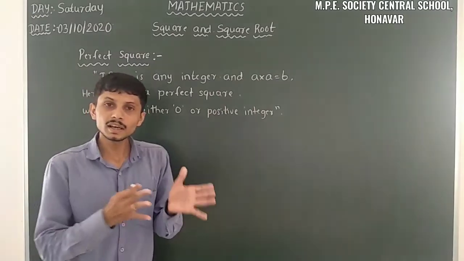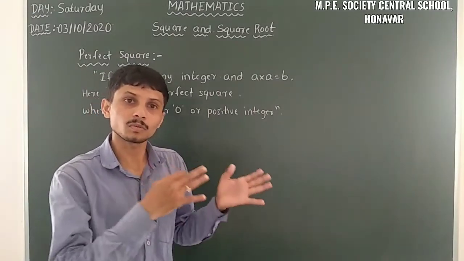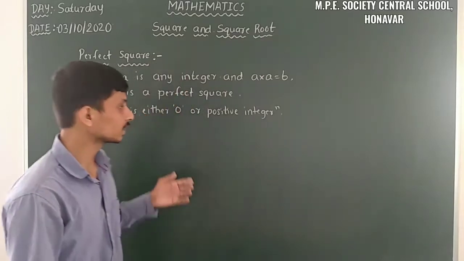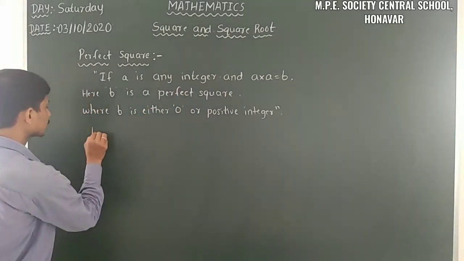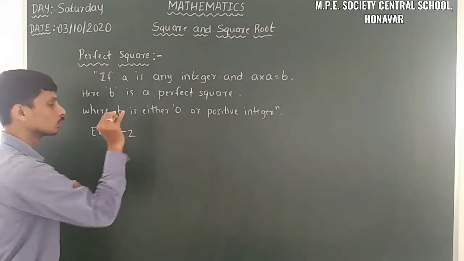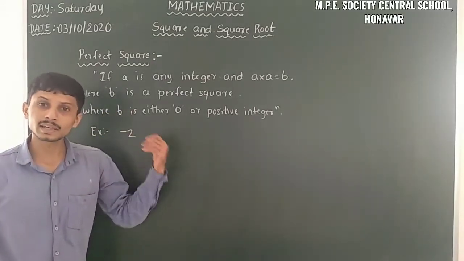When we multiply two negative signs, for example, I will take -2 and we have to take its square.